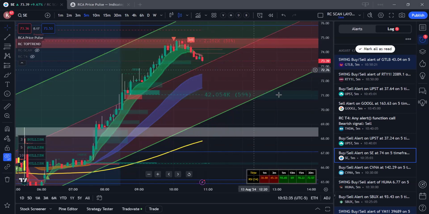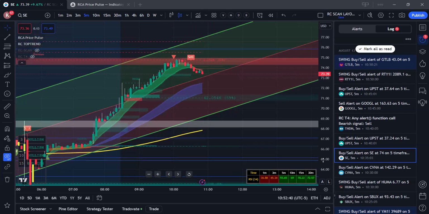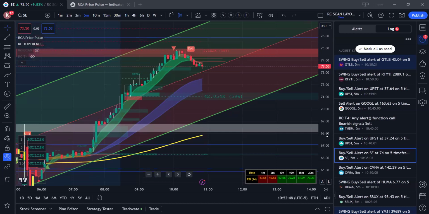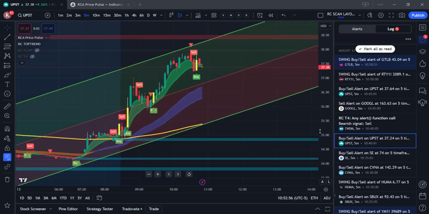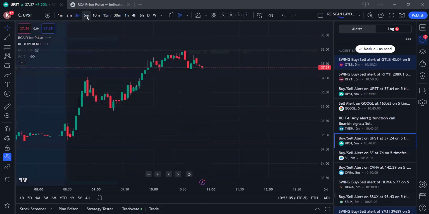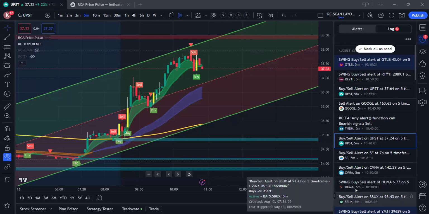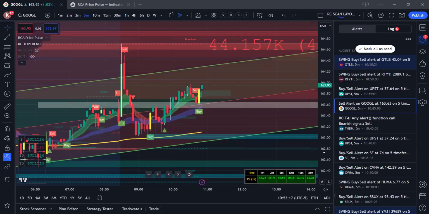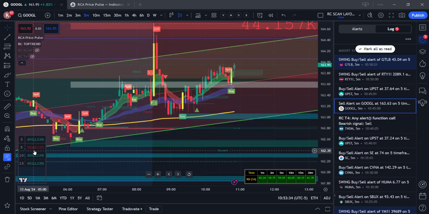That will be a good opportunity to go long. 5 minutes is bearish here.